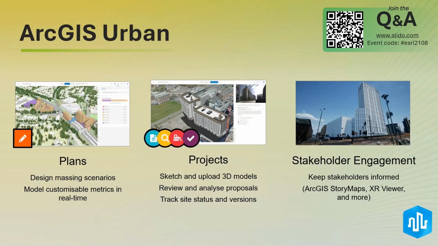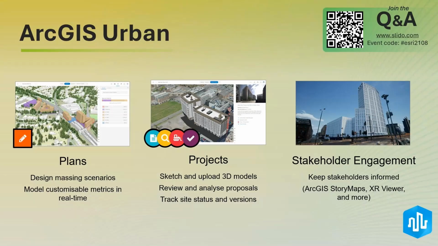A lot of our customers begin their journey in this space using Scene Viewer, but are migrating to using ArcGIS Urban in their workflows. This is because Urban builds upon the capabilities in Scene Viewer and combines editing, analysis, and reporting in a streamlined interface, which is tailored for urban design. So what is ArcGIS Urban?